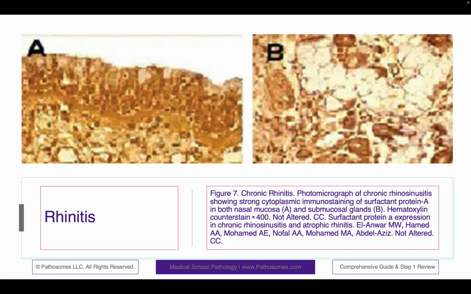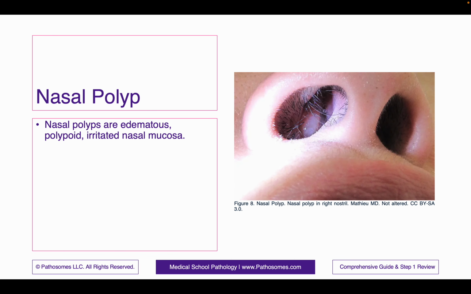Now, I'm sure it's tough with these images, but I believe in you that if you look at A, you can see some of those cilia, right? You see them. You should consider pathology. Here's that nasal polyp again. Yikes.